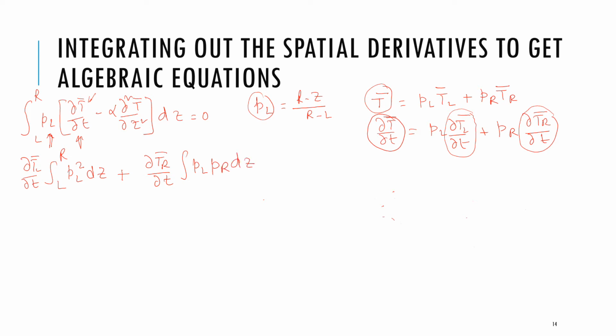Okay, so those two just come from the first one, and then the next one is minus alpha PL del square T bar del Z square dz. Again, it's all between L and R is equal to 0.